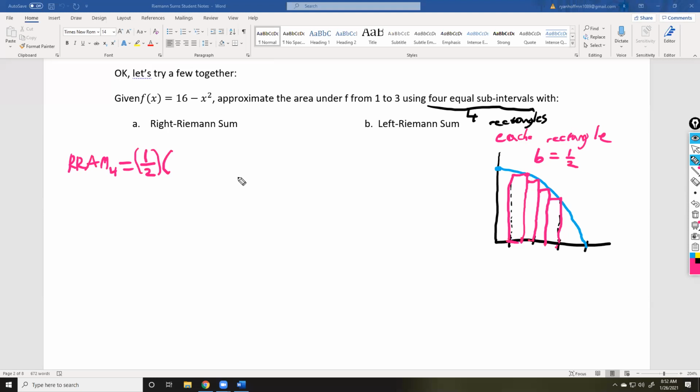So we chose 1.5 for our first rectangle. So f of 3/2 plus our base here is 1/2 times we chose the rightmost endpoint here. So that was 2.